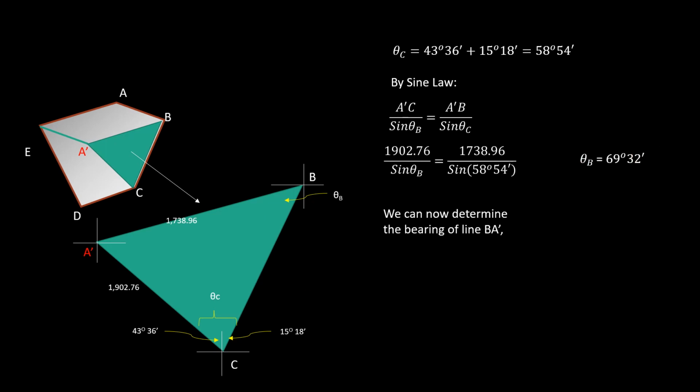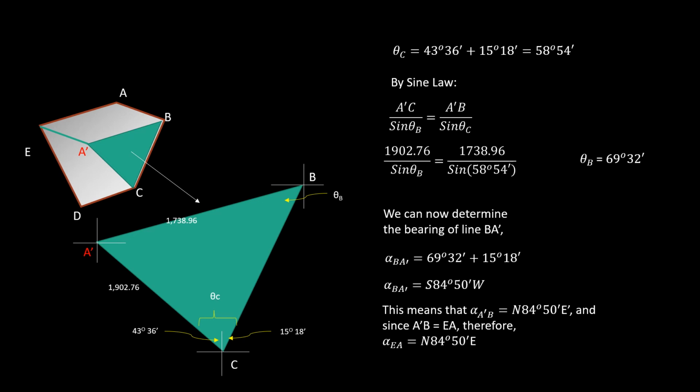So we can now determine the bearing of line BA prime. Alpha of BA prime is equal to 69 degrees 32 minutes, which is theta B, plus the bearing of BC, which is 15 degrees 18 minutes, and that is equal to 84 degrees 50 minutes in the southwesterly direction.